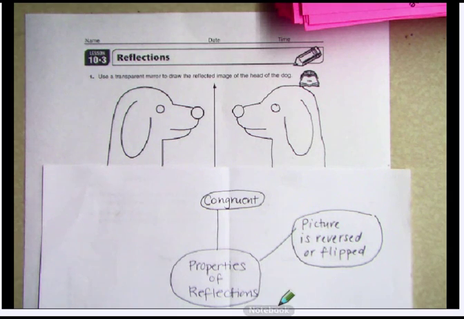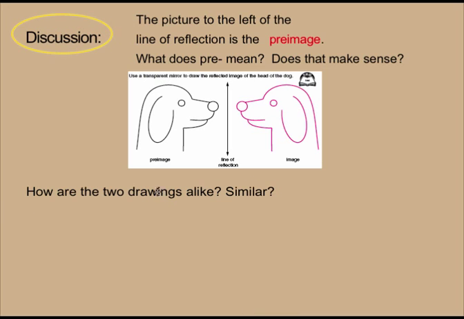Oh, there's something else I want to show you. This might look a little funny because my measurements might be off a little bit, but believe it or not, we're going to use this picture for a better example. If I were to put a point on his nose, I'm going to call that point A. Now I'm going to put a dot in the exact same spot on the flipped image.